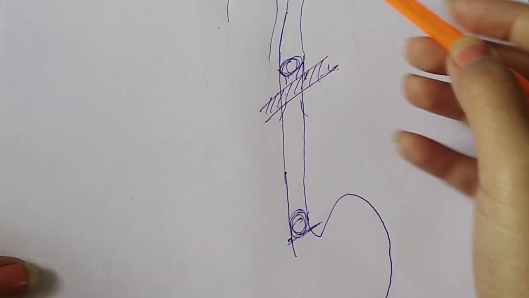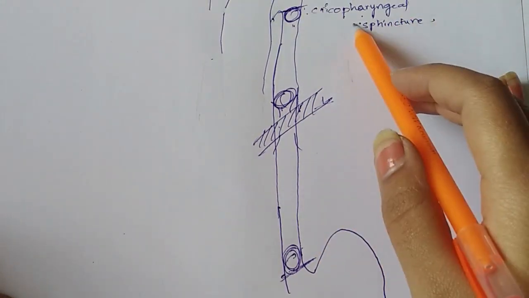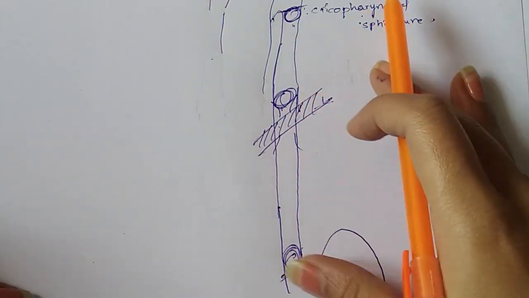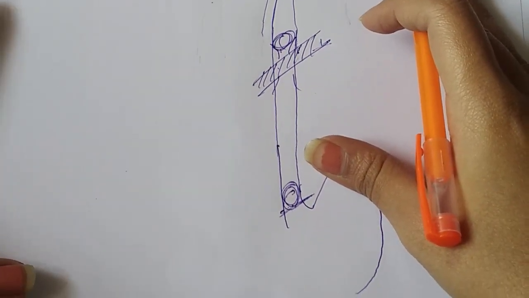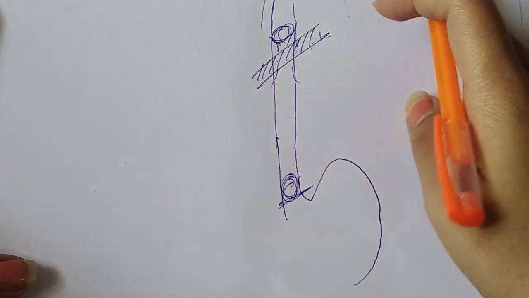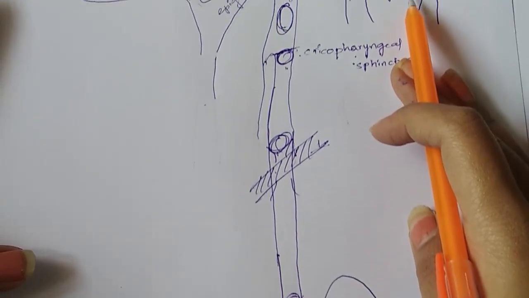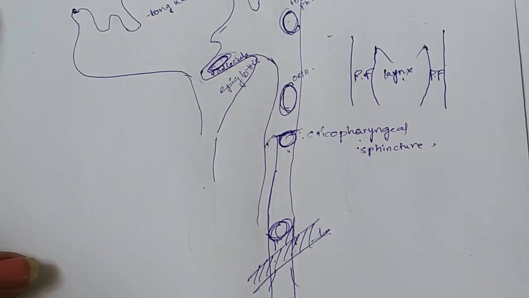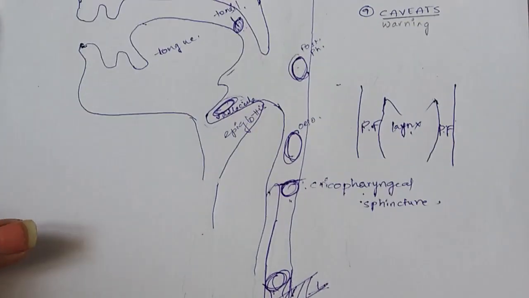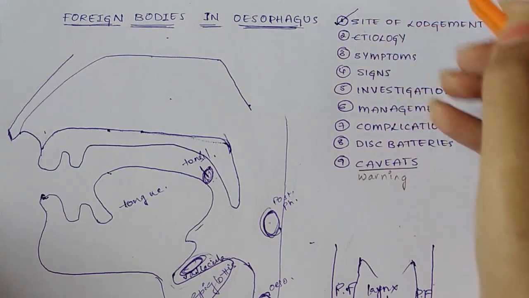So these are the points. First is the cricopharyngeal sphincter, then the constriction above the place where it is crossed by the bronchus, and the cardiac end of esophagus, the lower end of esophagus. So these are the sites of lodgement of a foreign body. We have completed one thing in this.